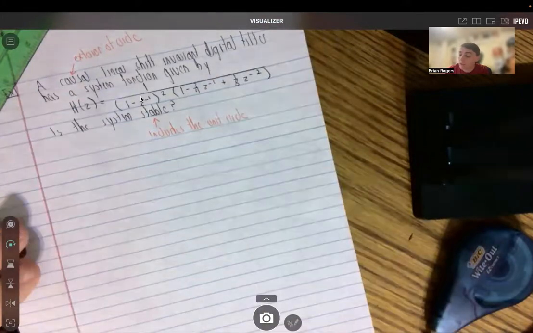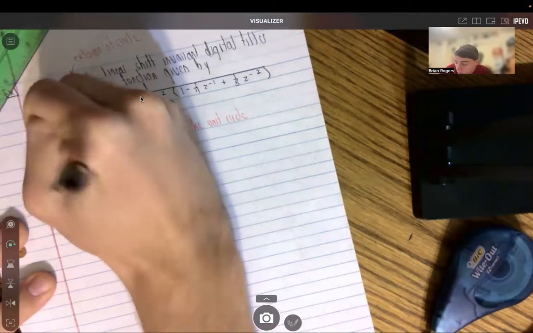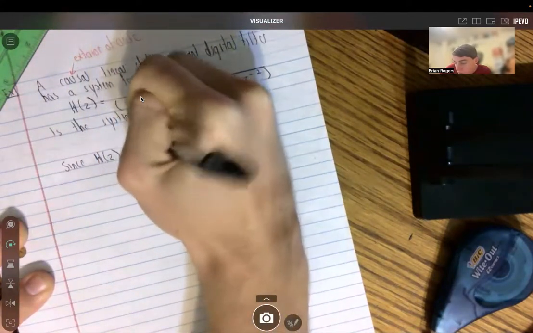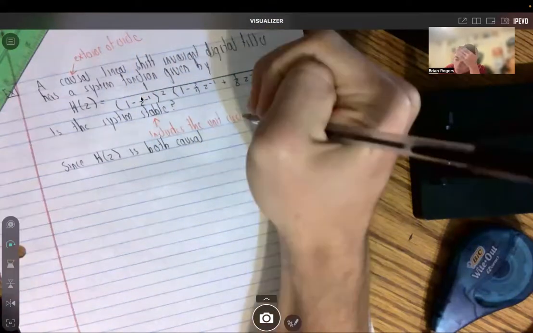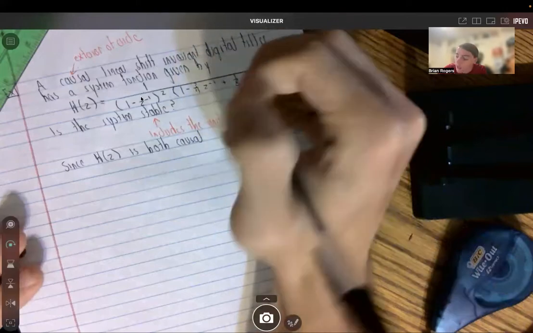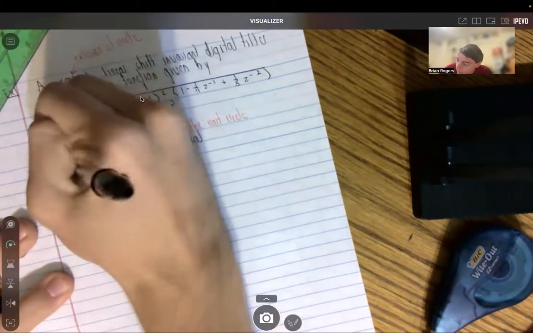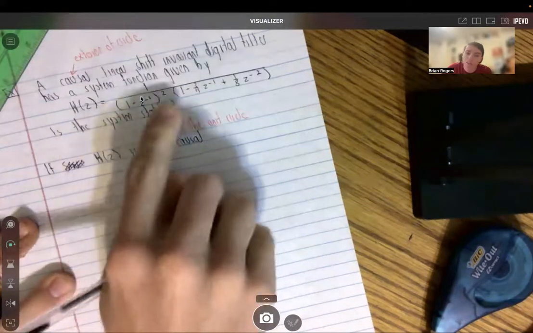So that's what we're expecting, is all of our poles, if H of Z is both causal and stable. We're going to determine if it's stable, because we haven't determined yet if it's stable.